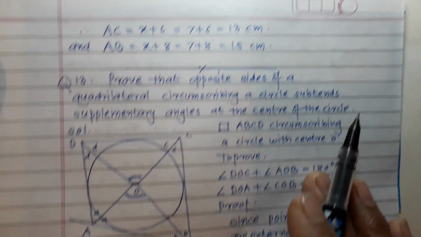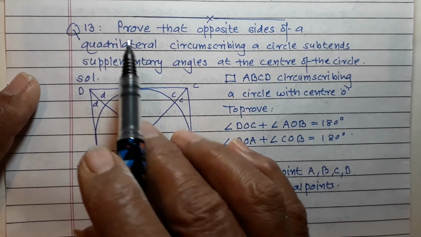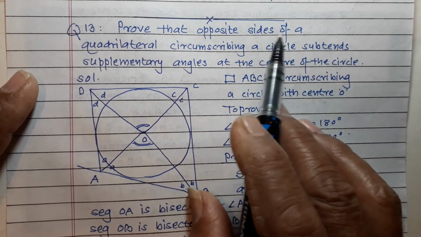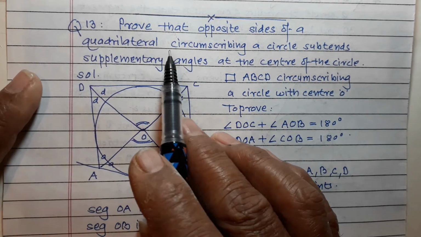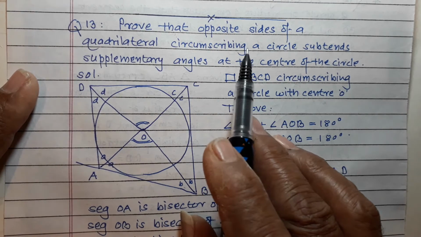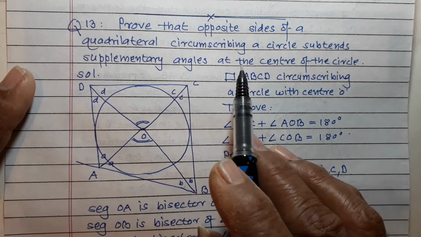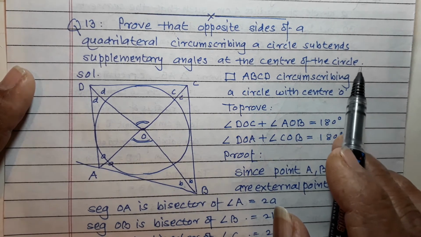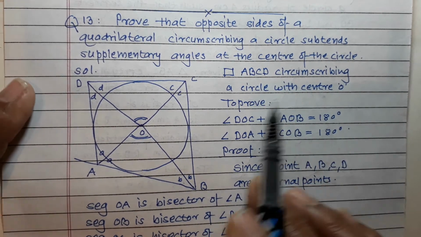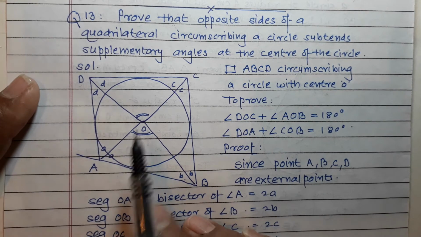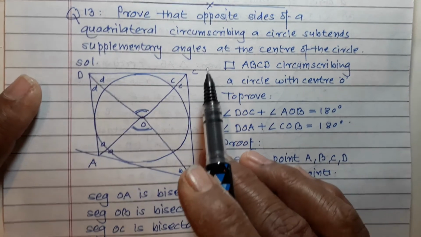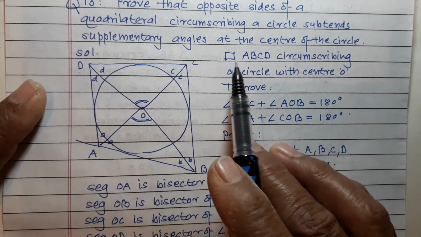Okay. Question number 13. Prove that opposite sides of a quadrilateral circumscribing a circle subtend supplementary angles at the center of the circle. Okay, this is also a complicated example. Try to understand. Solution.